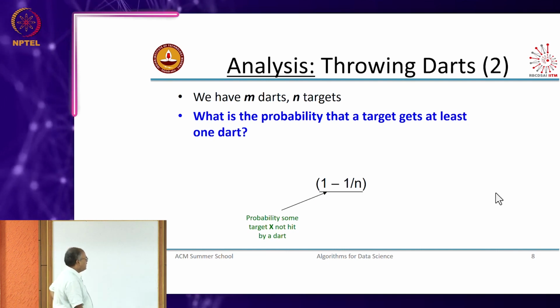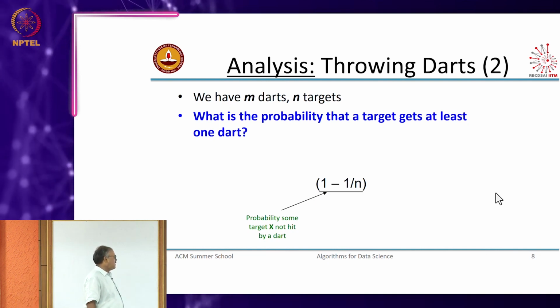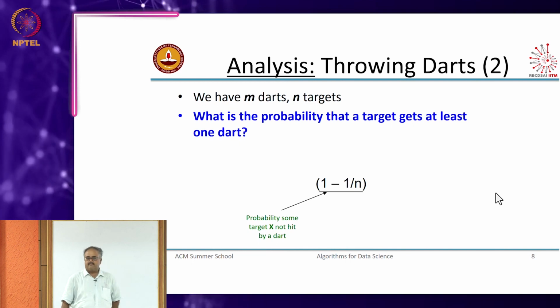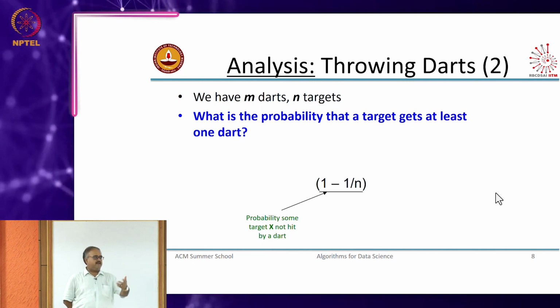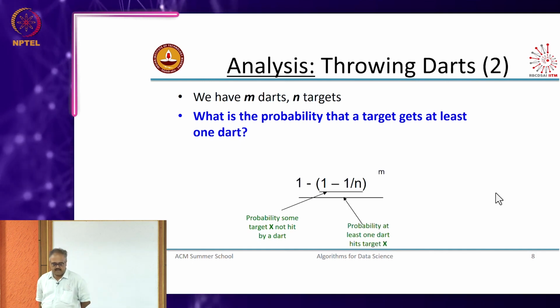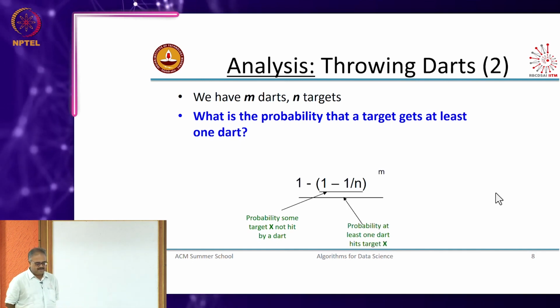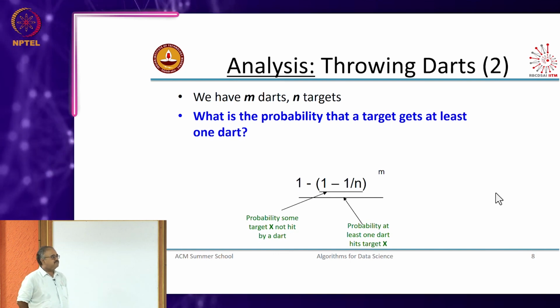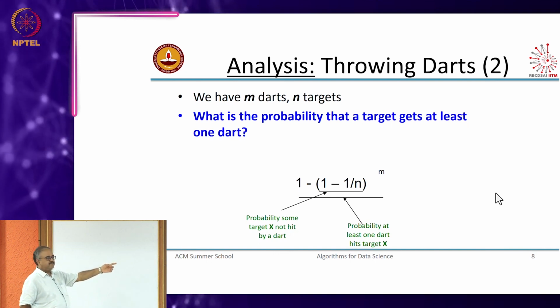So, the probability that some target X is not hit by a dot: 1/n is the probability that a dot will hit the target, and 1 - 1/n is the probability it will not hit the target. And remember, we are throwing m dots.